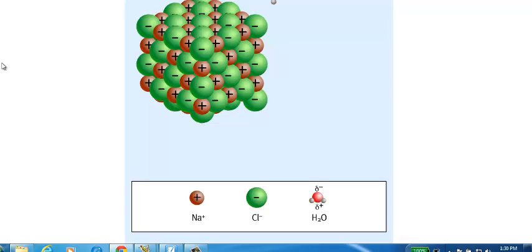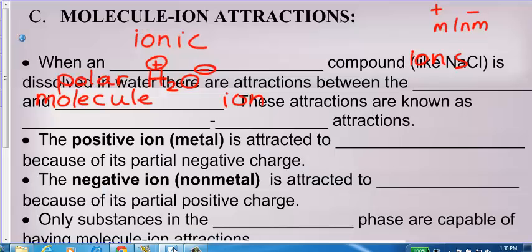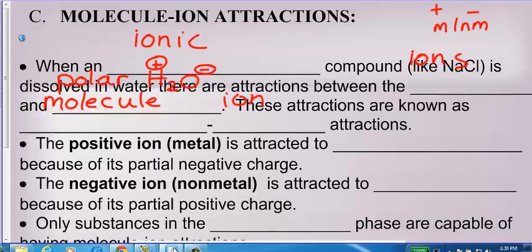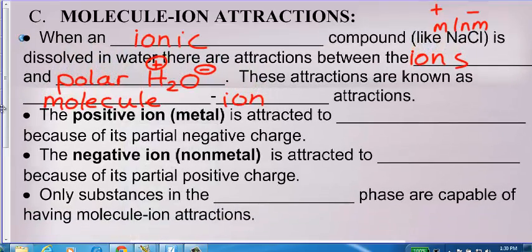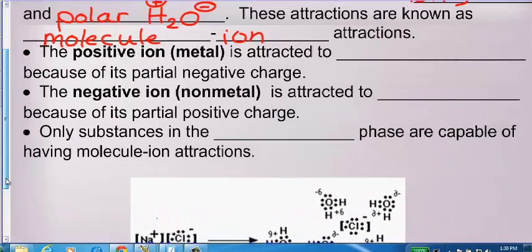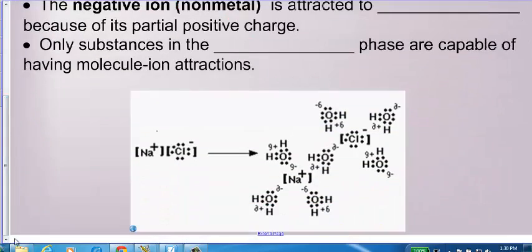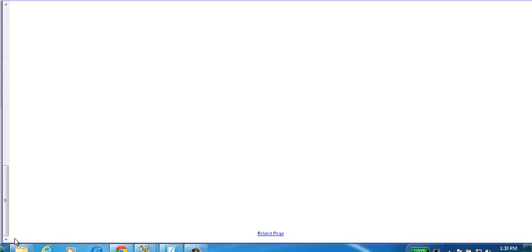You have to know which way the water molecule orientates itself when it attracts to the ions. So I want you to draw this because I think it's important, and we'll draw it at the bottom. If you have Na+, since opposites attract, the negative part of water will be attracted to that. The negative part of water is oxygen.